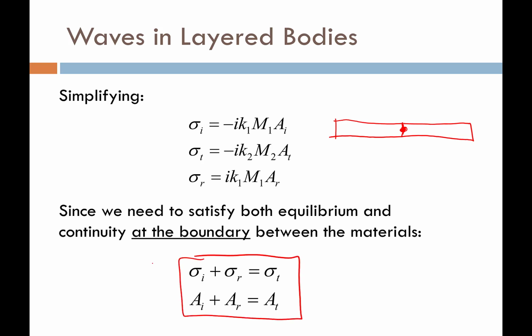First of all, the summation of the incident and reflected waves for stresses has to equal the transmitted stress wave. And similarly for the displacement waves, the summation of the incident and the reflected displacement waves has to equal the amplitude of the transmitted wave right at the boundary between our 2 materials.